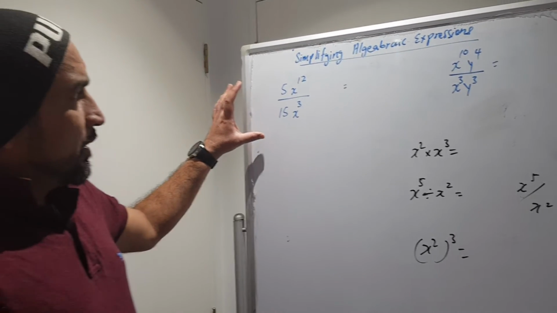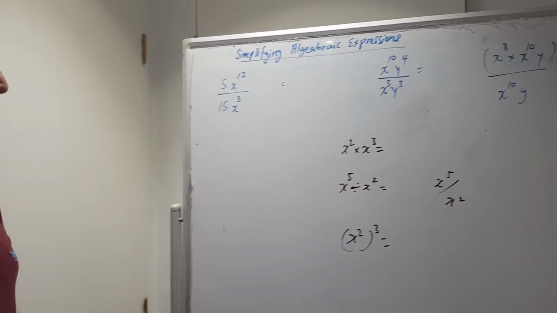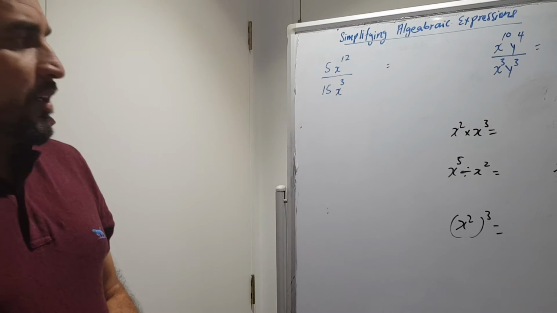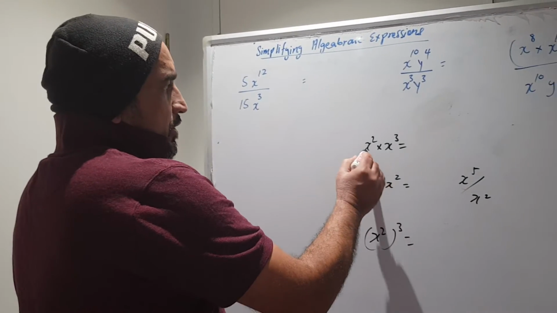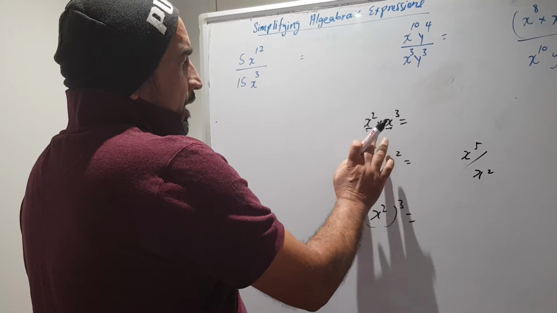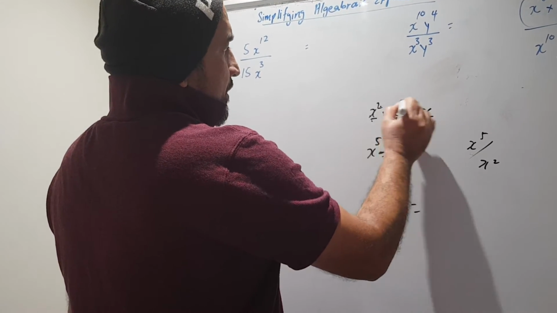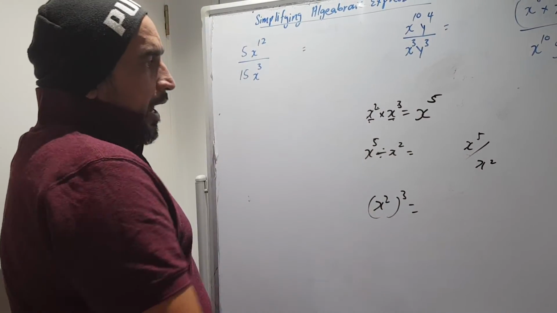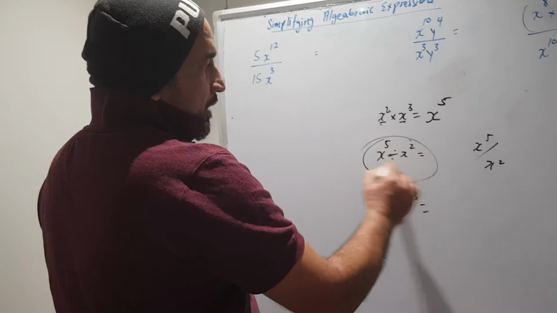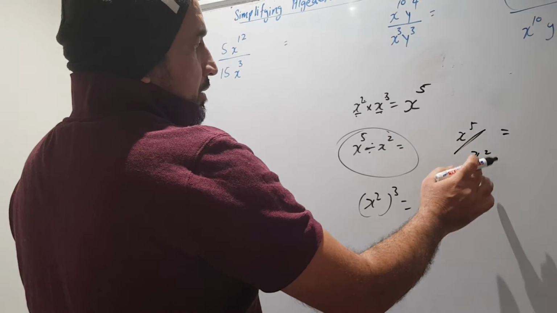Before you answer any of these questions, one of the basic rules that I taught you in term 1 was, if I say x^2 times x^3, if the base is the same and we are multiplying separately, we add the powers. So 2 plus 3 is 5. And when we divide and the base is the same, we minus the powers.